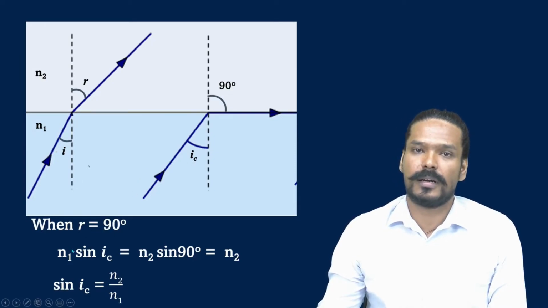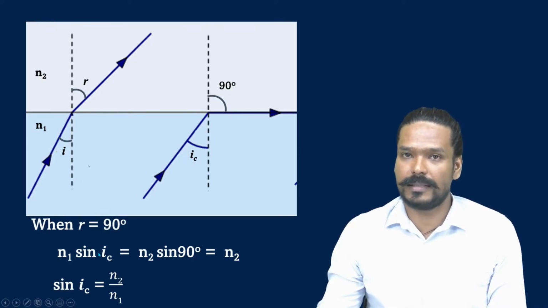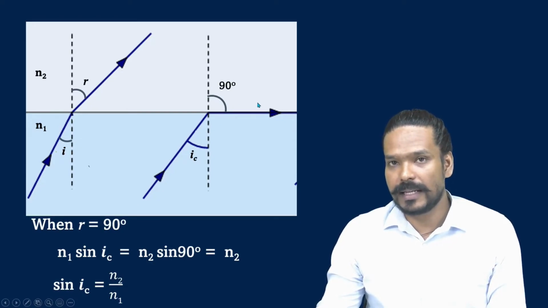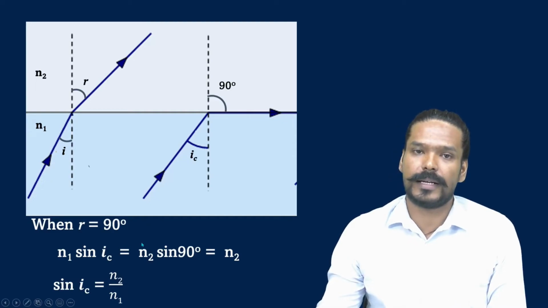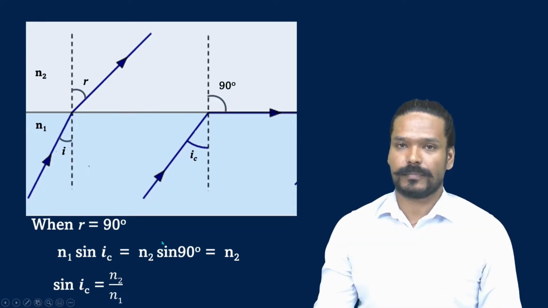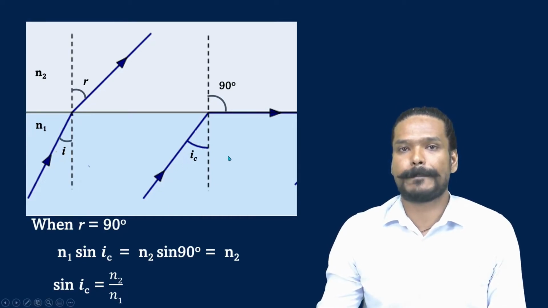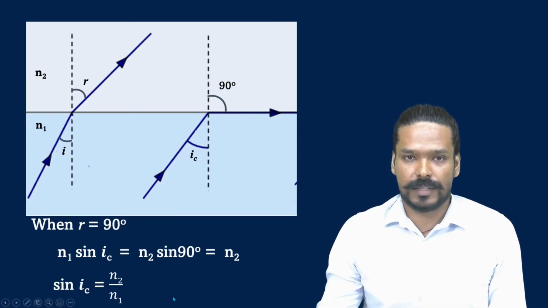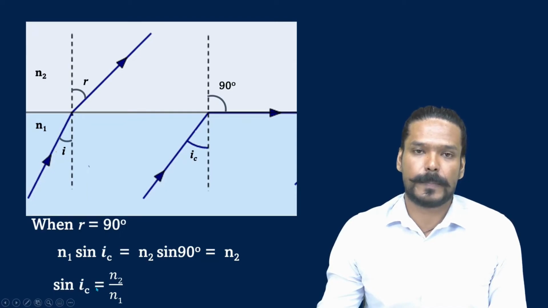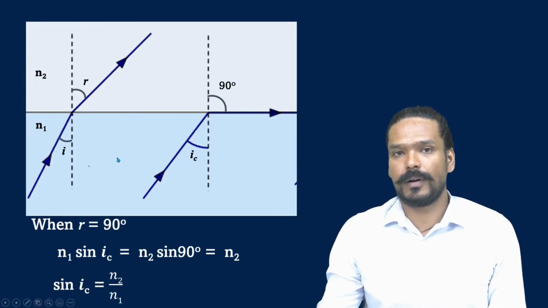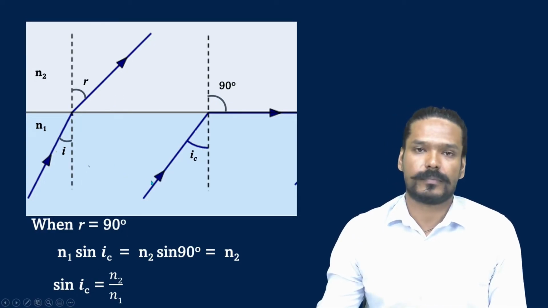So we can write N1 sine IC is equal to N2 sine 90. Now sine 90 is equal to 1. So you get sine IC is equal to N2 by N1. Right? So this is the relationship between the critical angle and the refractive index of the two media.